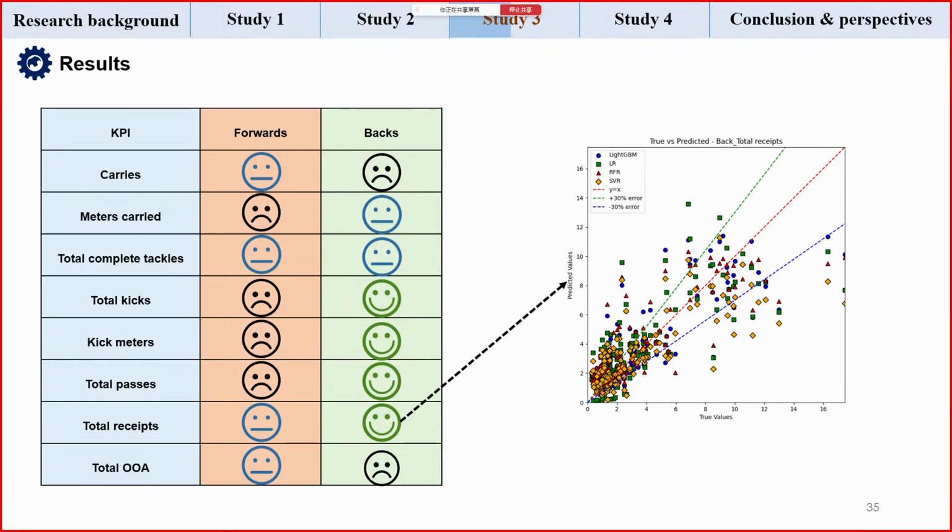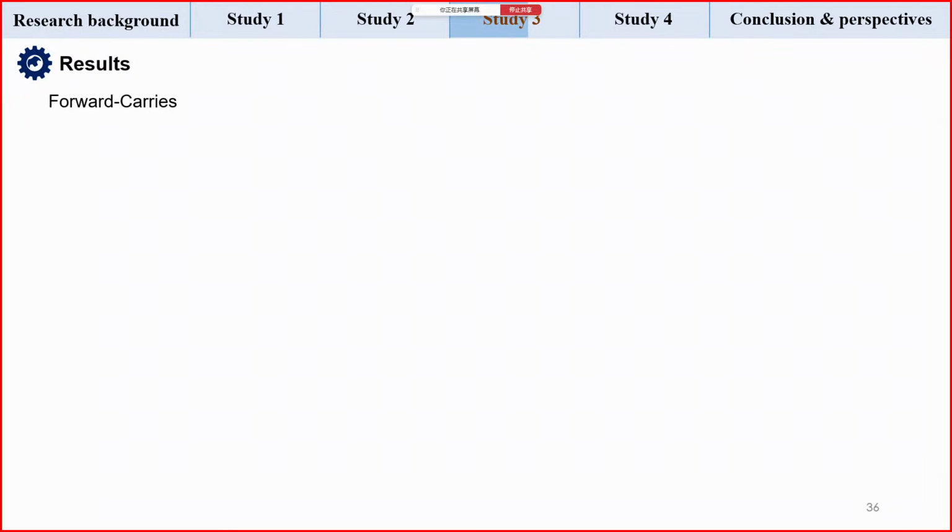In comparison, total kicks, kick meters, total passes, and total receipts for backs showed relatively better performance. Due to the time limitation and the similarity of the results, I will present 1 representative KPI each from forwards and backs to avoid repetition.